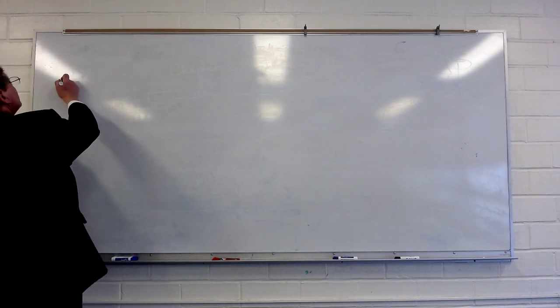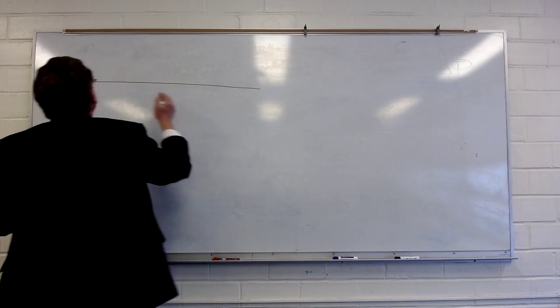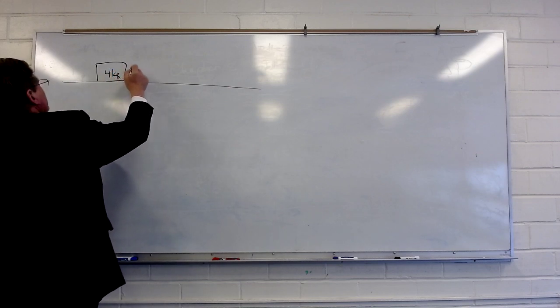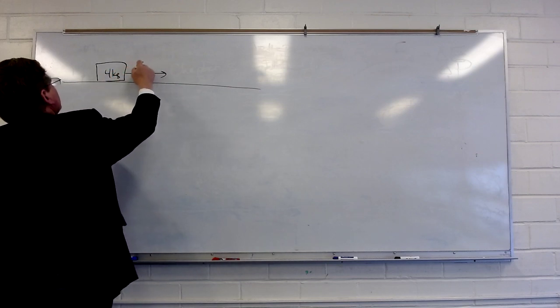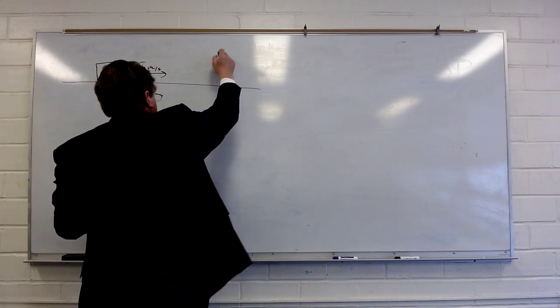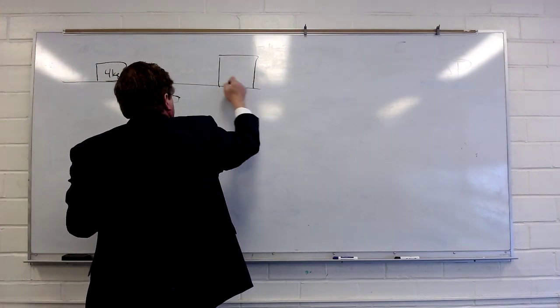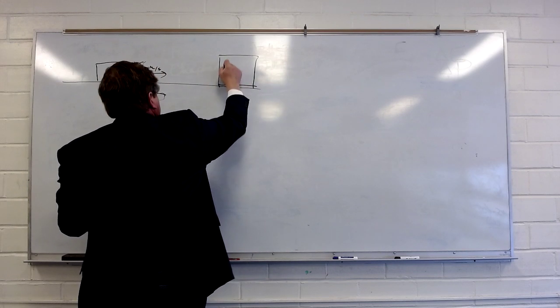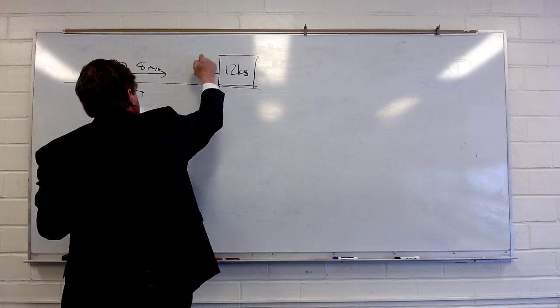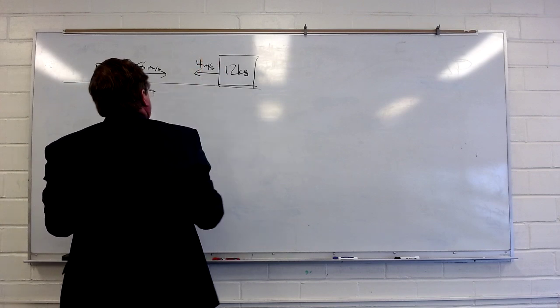I have a 4 kilogram block, and it's moving at 8 meters per second to the right, and it collides with a larger block. This is a 12 kilogram block that is moving at 4 meters per second to the left.